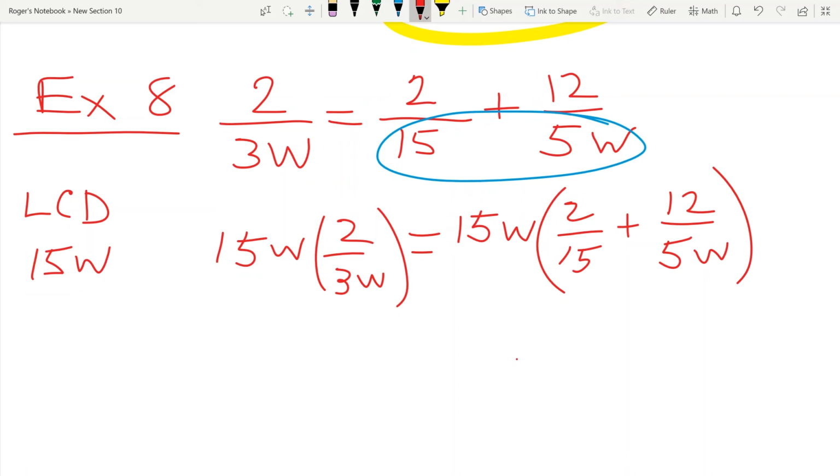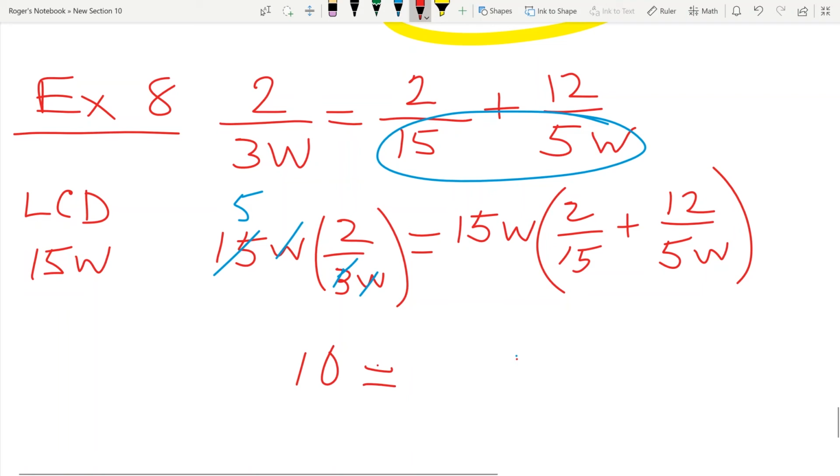So let's go ahead now and cancel what we can cancel. The W's first of all cancel here. And then 3 goes into 15 5 times. It goes into itself once, and it goes into 15 5 times. So in the numerator now we have 5 times 2, or simply 10. In the denominator, there's just 1 left because both the 3 and the W canceled.